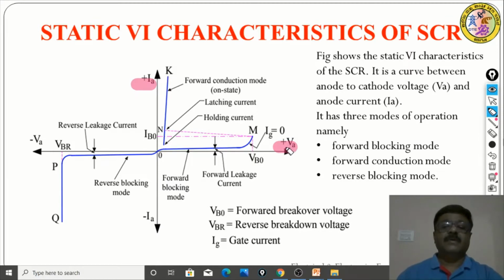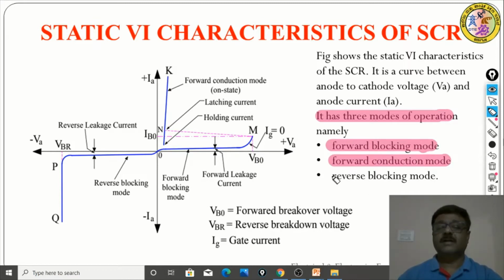When the anode is positive with respect to the cathode, we will get this characteristic, and when the anode is negative with respect to the cathode, we will get this characteristic in the third quadrant. So the SCR has three modes of operation: forward blocking mode, forward conduction mode, and reverse blocking mode.